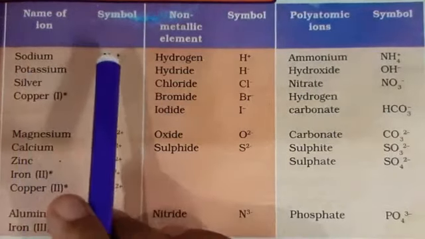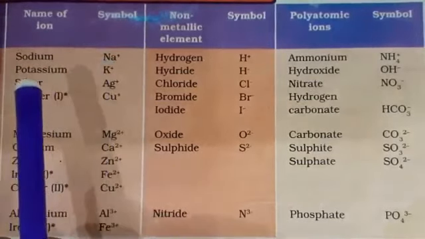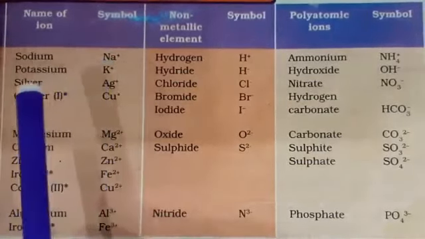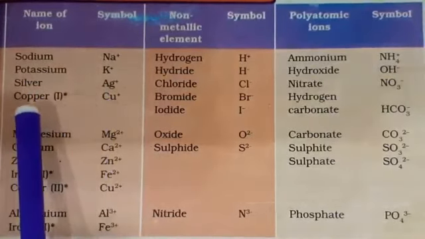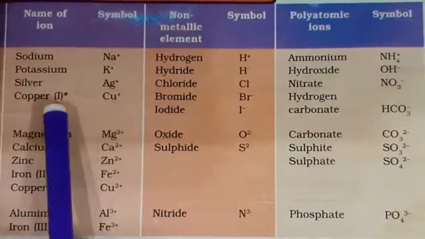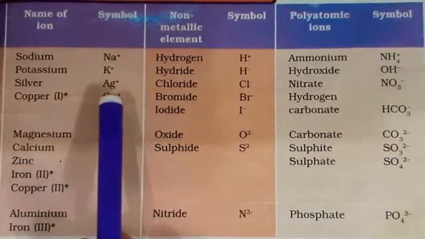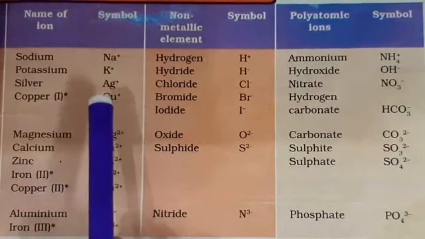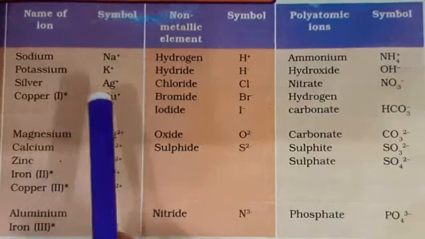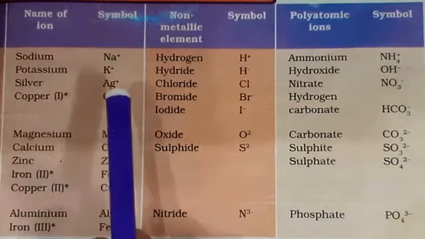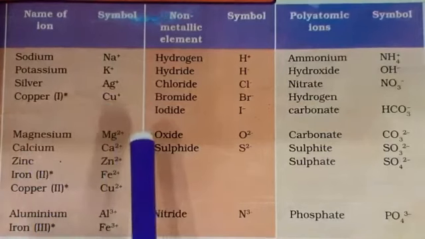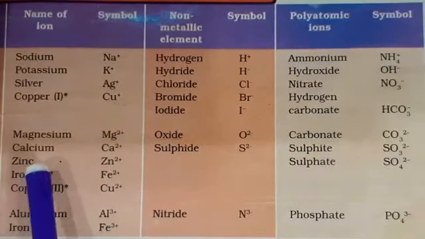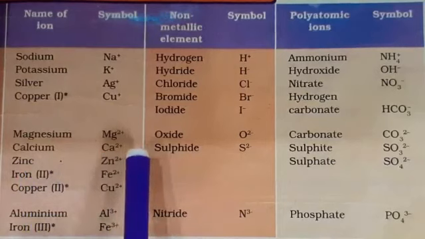Sodium, Na positive; potassium, K positive; silver, Ag positive; copper, with 1 in the bracket, so it means 1 positive. If there is 1, we do not write 1, it is just written positive or negative. Magnesium is Mg2 positive. Similarly, calcium, Ca2 positive.